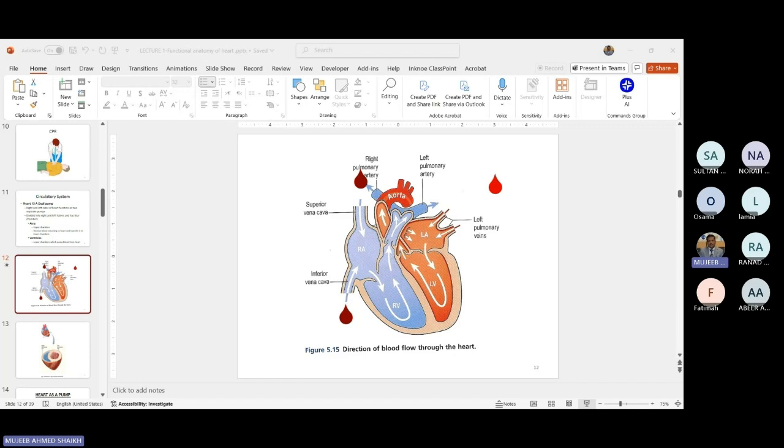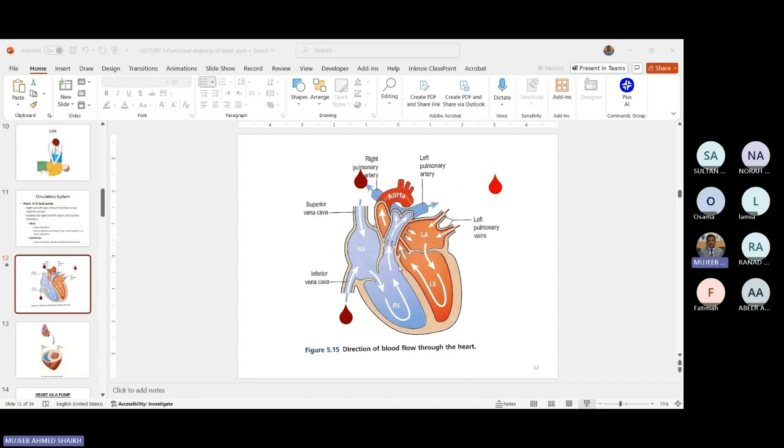Then from there, blood goes to the right ventricle and through the pulmonary artery to the lungs. Similarly, the oxygenated blood coming from the lungs travels through the pulmonary veins to the left atrium, then to the left ventricle, and from the left ventricle through the aorta to all parts of the body.